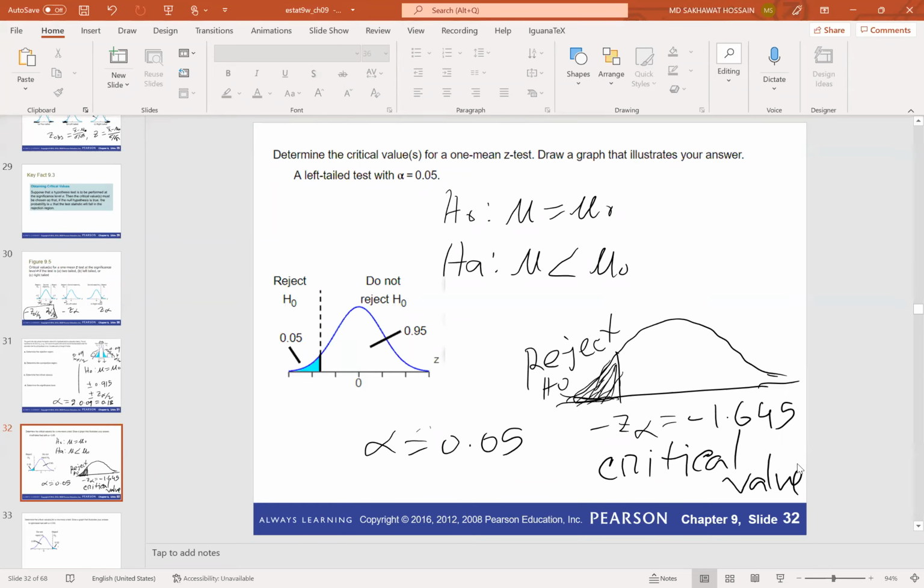If the test statistic is greater than negative 1.645, we fail to reject the null in this region. So if our test statistic is somewhere here, then we'll fail to reject the null. But if our test statistic falls here, then we'll reject the null hypothesis.